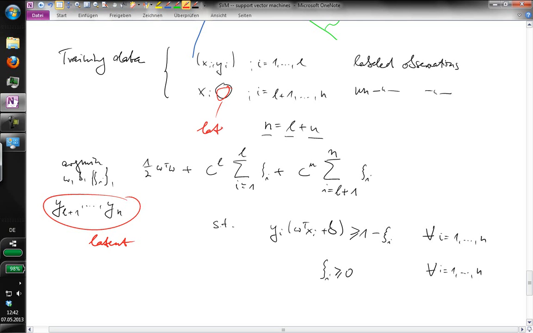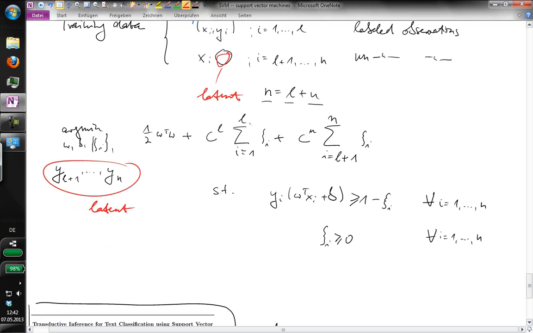This is the missing information. These are latent. And because they can either be +1 or -1, that is not a convex set that I'm optimizing over. Because of that, what I have here is a hard, non-convex optimization problem.